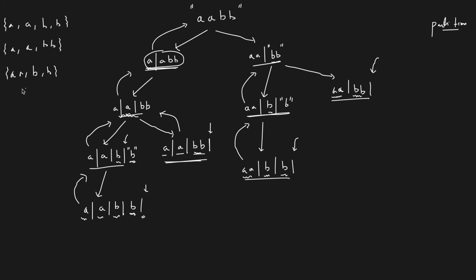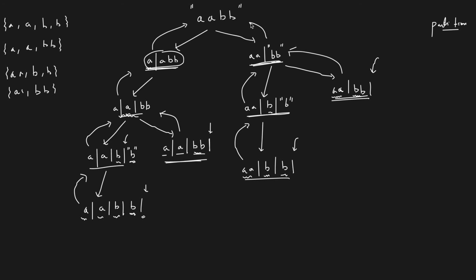Over here AA is a palindrome and BB is a palindrome. So I can say that this can be a part of my answer. So I simply take it down. So this recursion is also over. So we try to get back. So now all recursion calls for this substring BB are over.